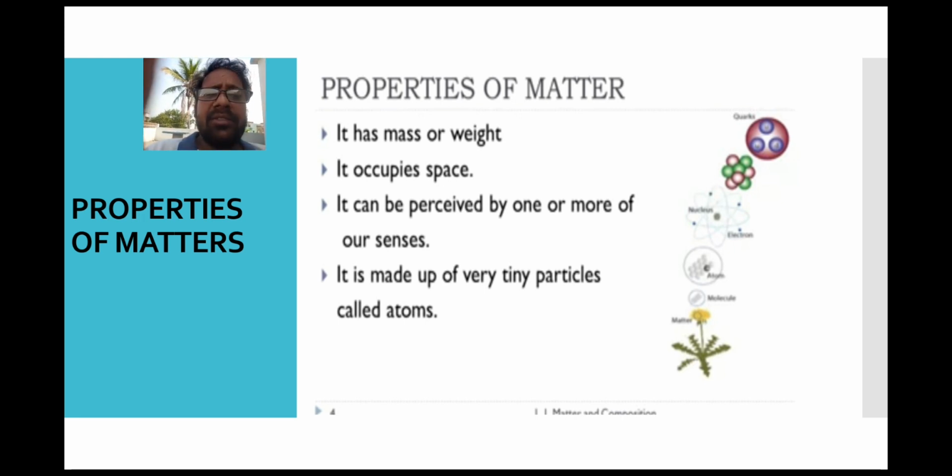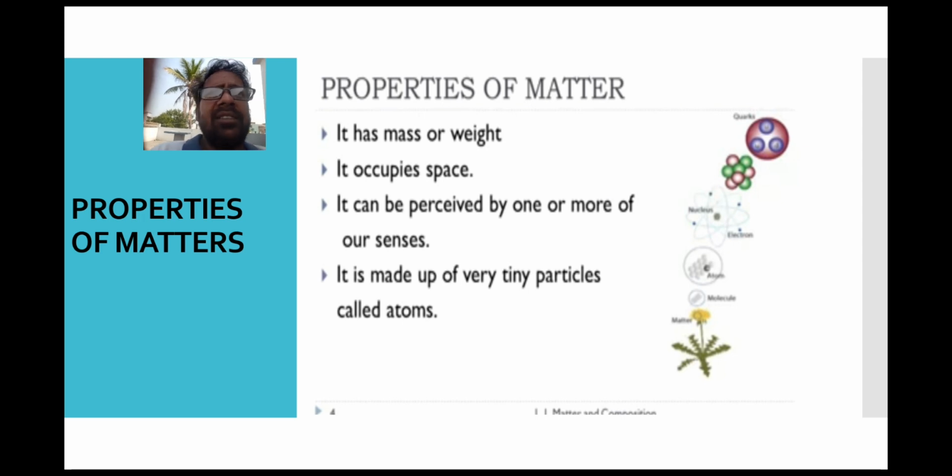Next, it occupies space. It can be perceived by one or more of our sense organs, which means we can feel it. It is made up of very tiny particles called atoms.